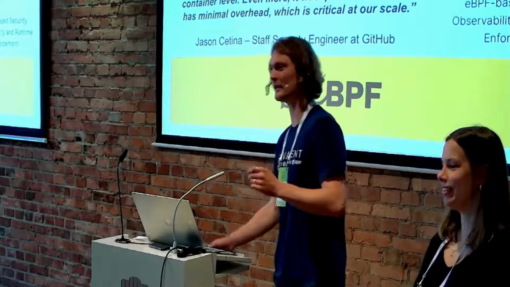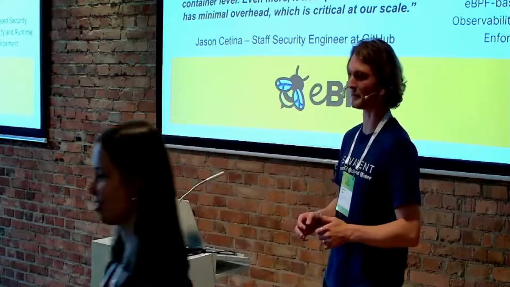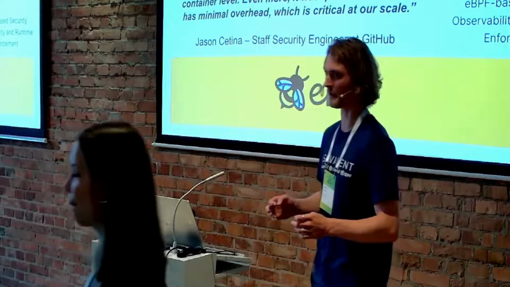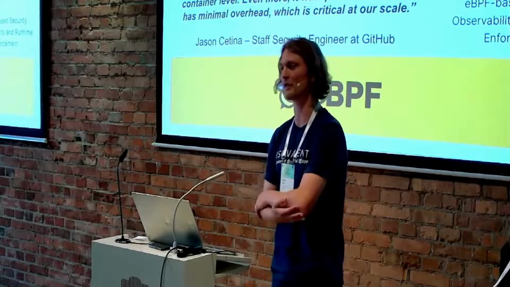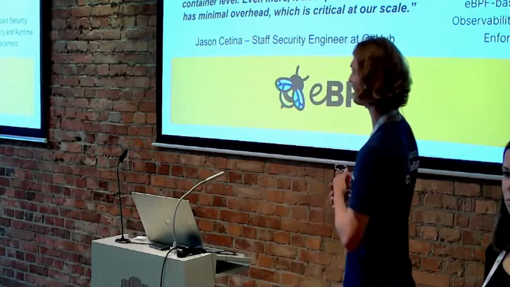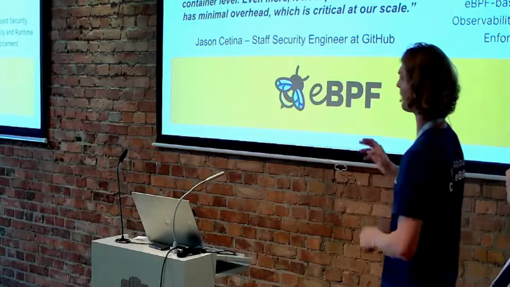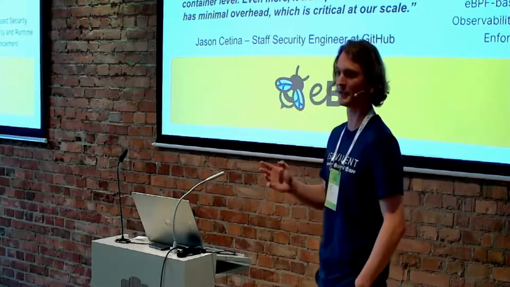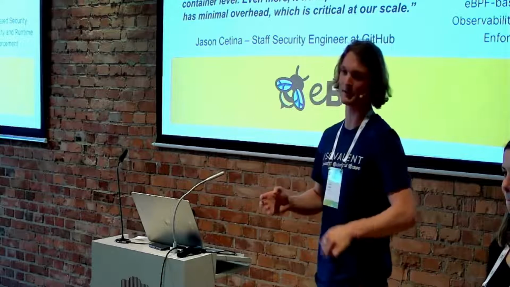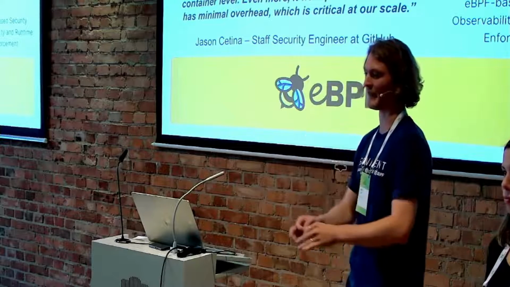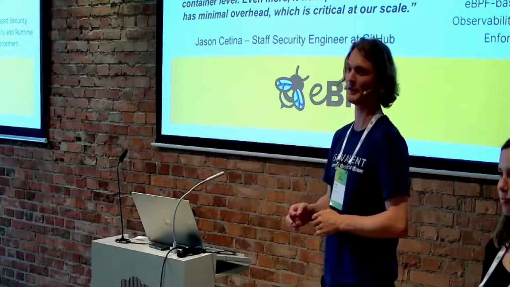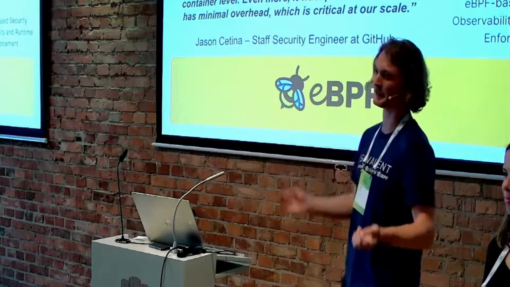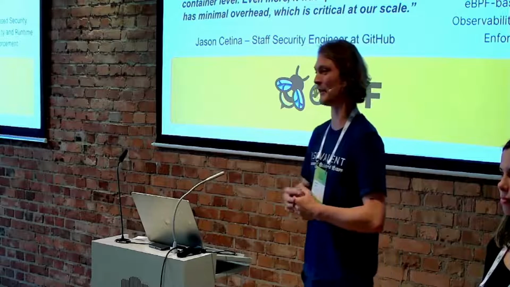Yeah, so the question is asking about what if the problem is pre-production? What if the problem is with what's being developed and shipped and built in the image or the container itself? That's a great question. I think it's not a core use case of eBPF or Tetragon itself. eBPF is concerned with working at the kernel level, with something that's in production, runtime security. So this is kind of correcting the mistakes of the past, or fixing something that can't actually be brought down.